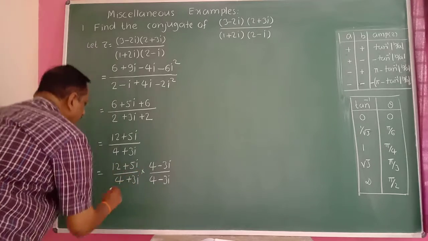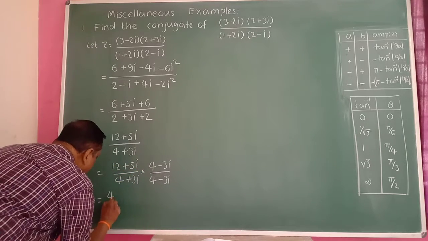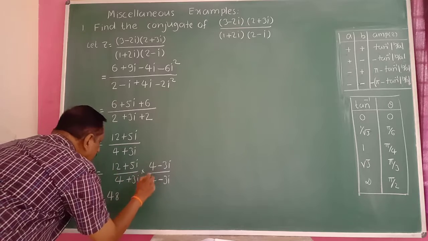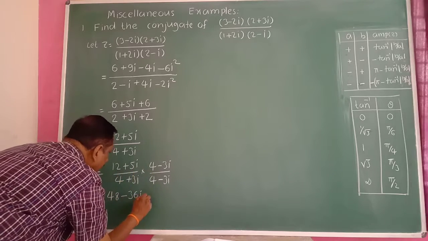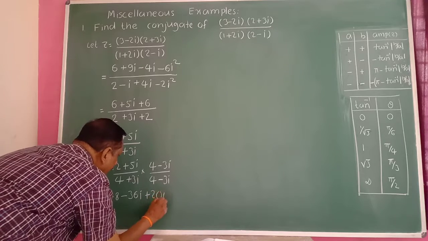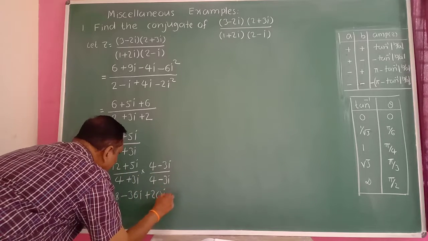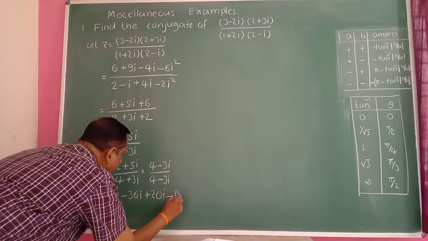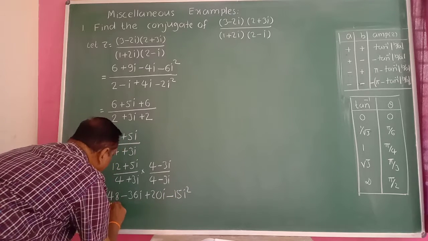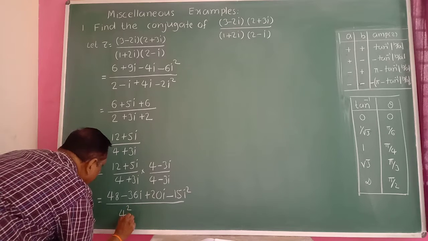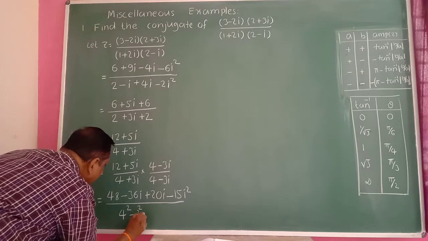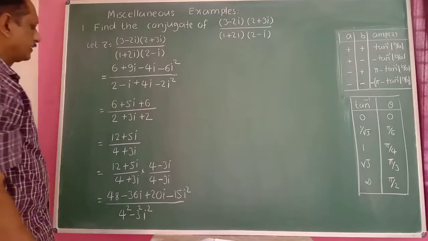12 4s are 48 here, plus 48. 12 3s are 36, minus 36i. 5 4s are 20, plus 20i, plus into minus of 5 3s are 15i square, divided by the product of the denominators, which is 4 square minus 3 square into i square.